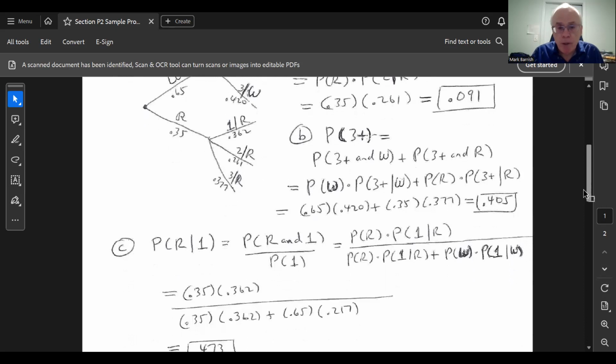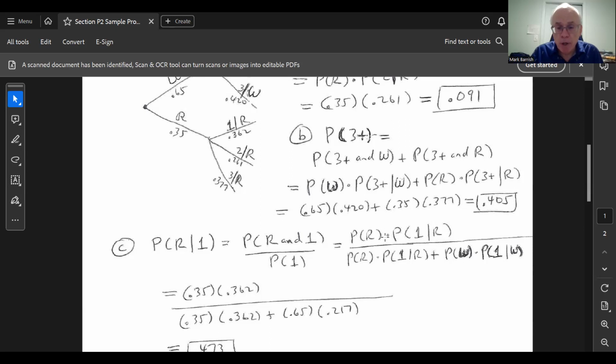So you could write the conditional probability formula now. Probability of R given 1 is probability of R and 1 divided by the probability of 1. Now the numerator, because we are given the probability of 1 given R here, which is the reverse of what we're trying to find, we can convert the numerator using the product rule or multiplication rule, so that we're using the reverse conditional probability.